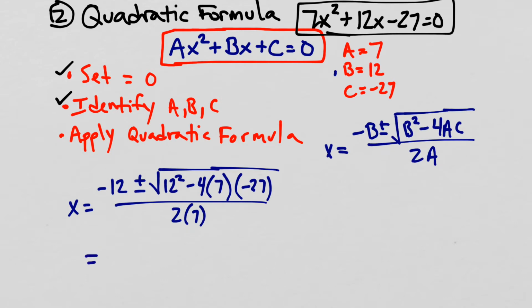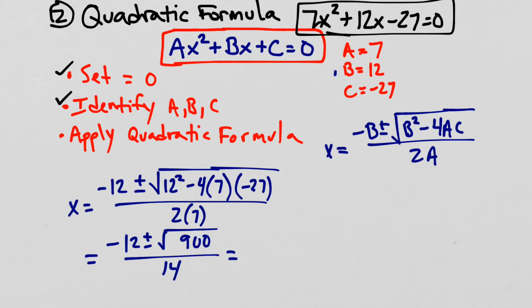Now you can do this one step at a time. You could say that 12 to the second power is 144, and 4 times 7 is 28. But you can also just type everything under the square root into a calculator all at one time. So 12 to the second power minus 4 times 7 times negative 27 becomes 900, all over 14.